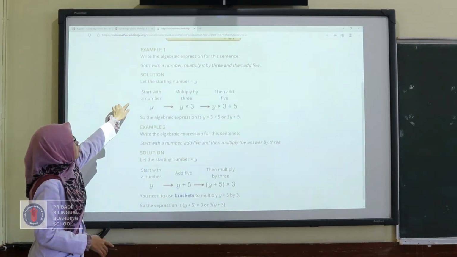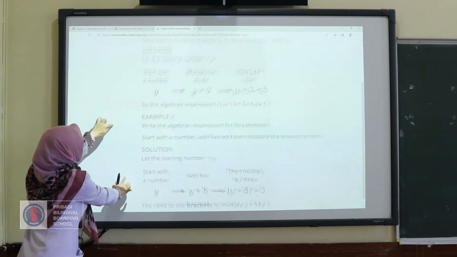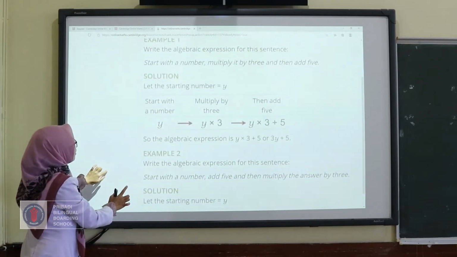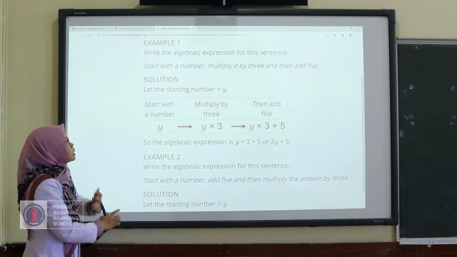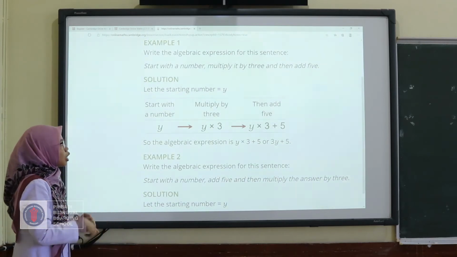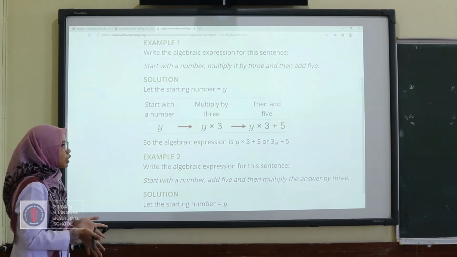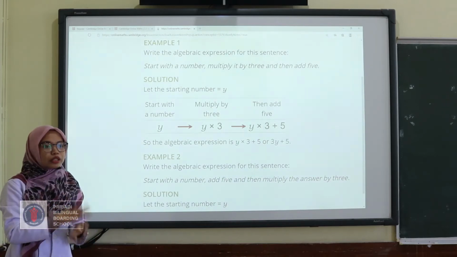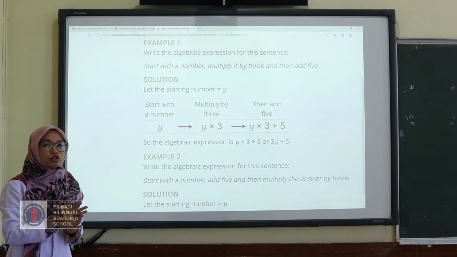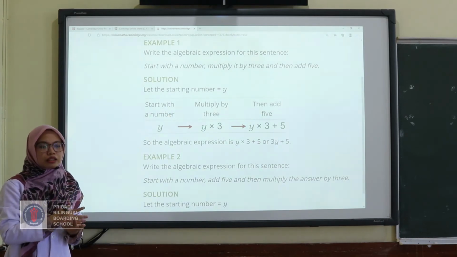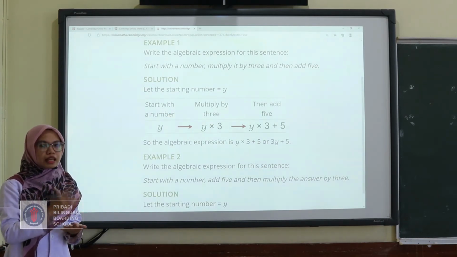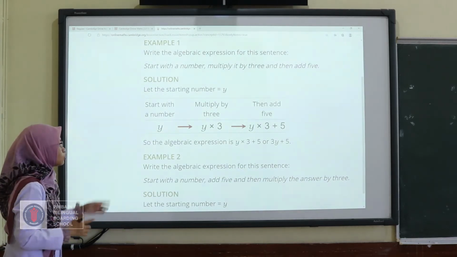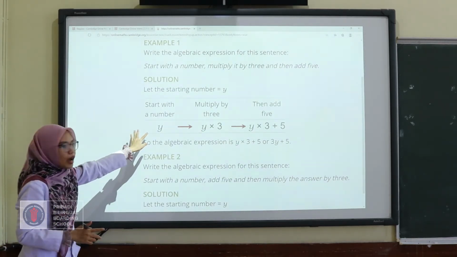Another example is you have to write the algebraic expression for this sentence. Start with a number, multiply it by 3, and add 5. So, you start with a number. Because you don't know the number, you can write a small case letter. For example, here they choose y.